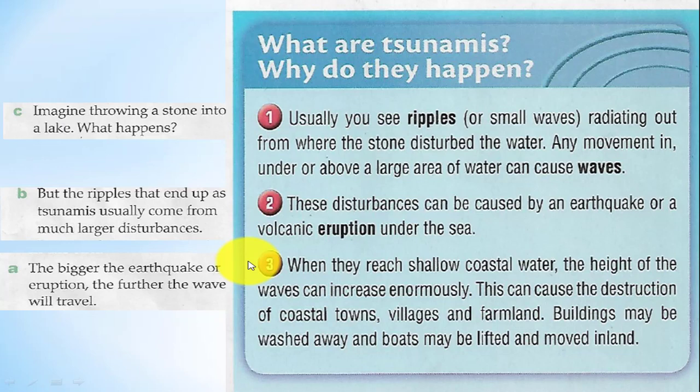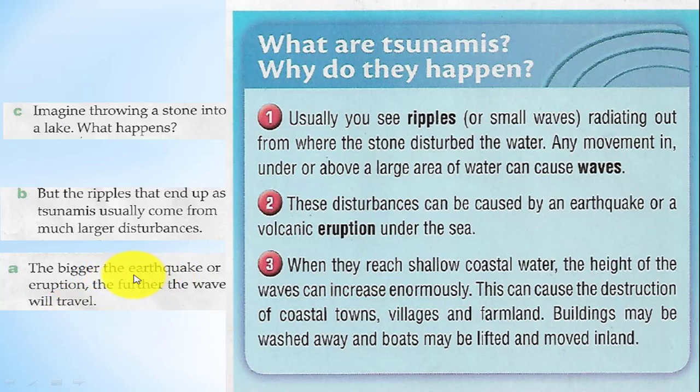sentence A. Sentence A talks about the relationship between the size of the earthquake and the distance that the wave can travel. So the bigger the earthquake or eruption, the farther the wave will travel. What does that mean?